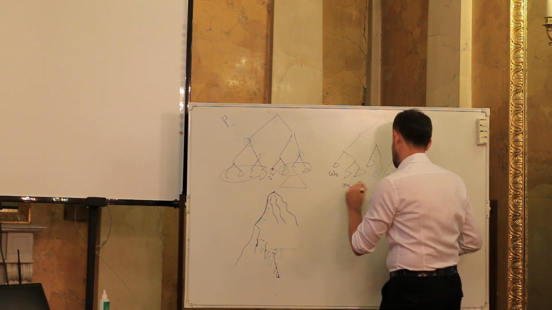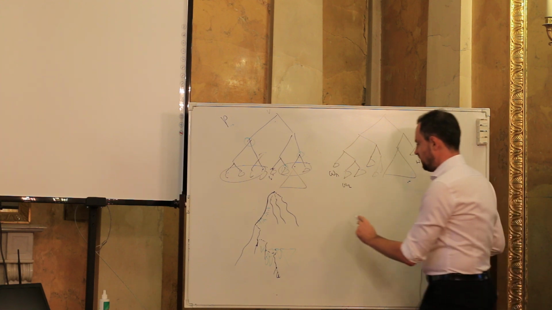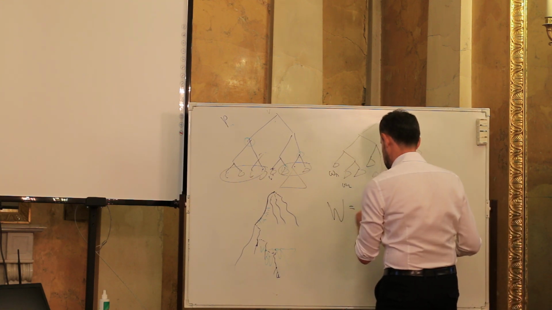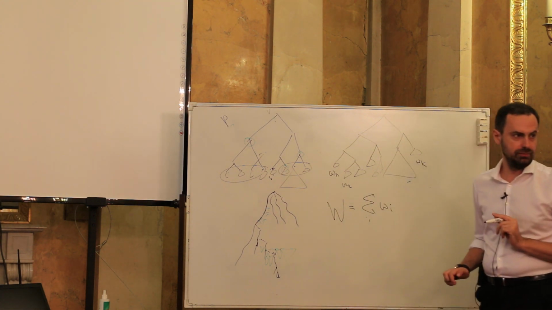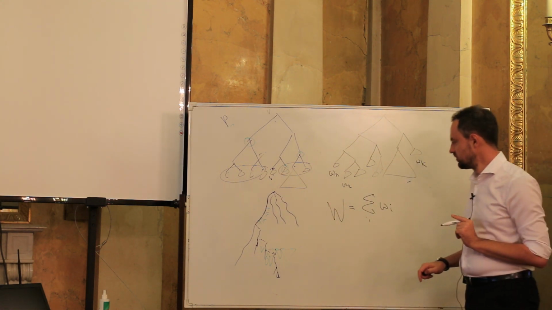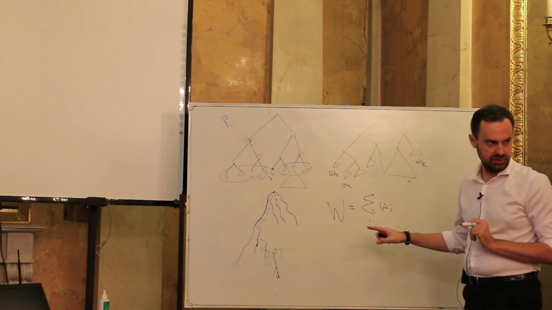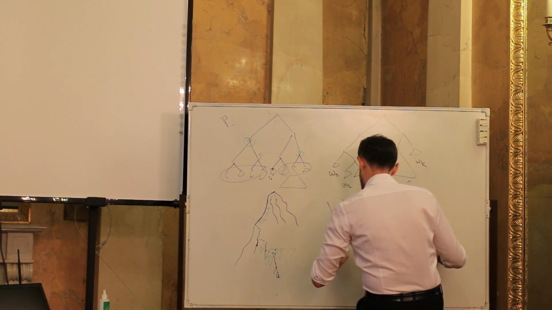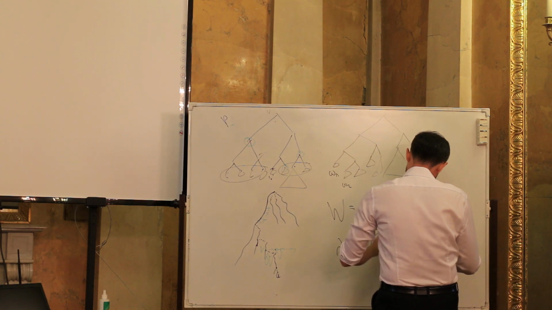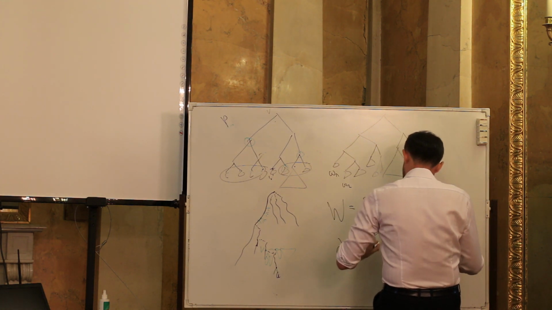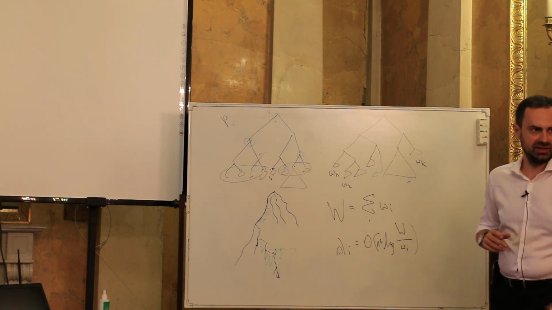And let capital W denote the sum of all of them. Now I claim that it's possible to construct a binary tree such that the ith leftmost leaf is at depth at most di, which is log of capital W divided by wi, and probably I need to add +1 just to avoid something weird happening.